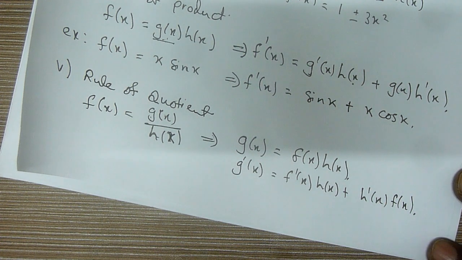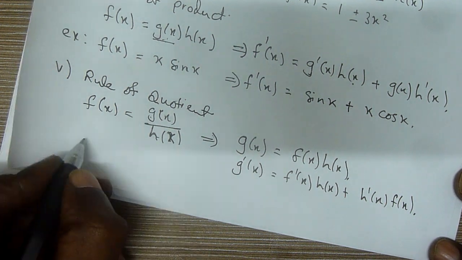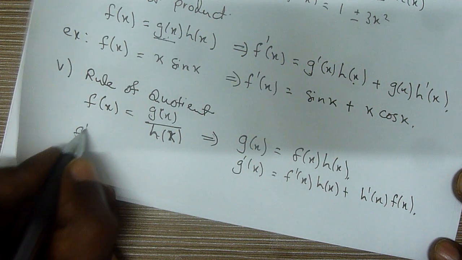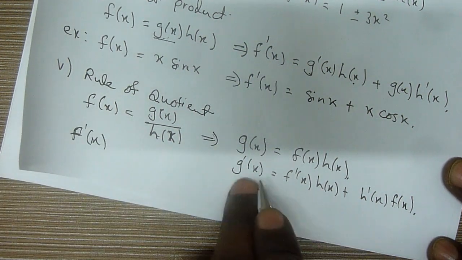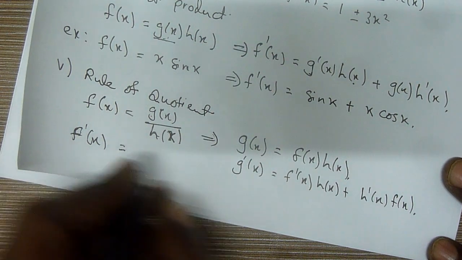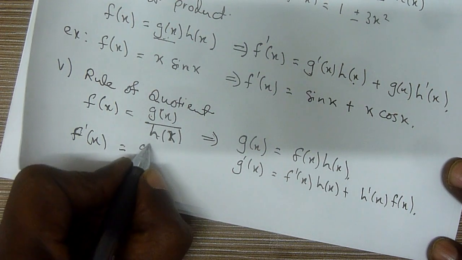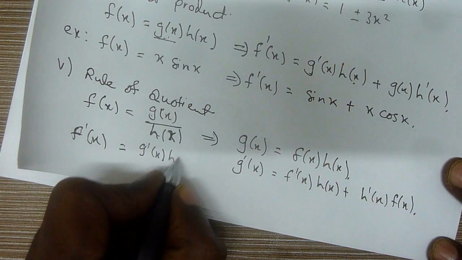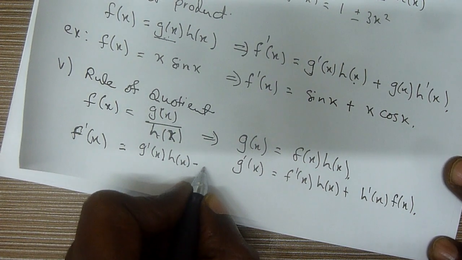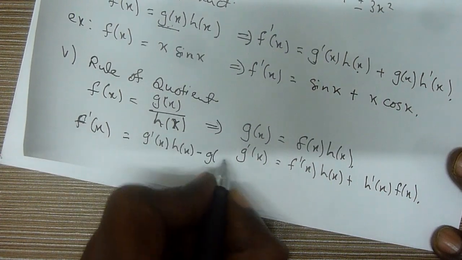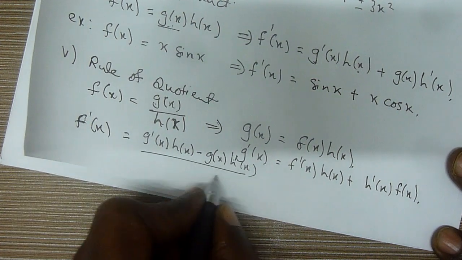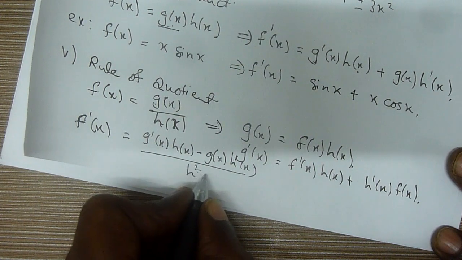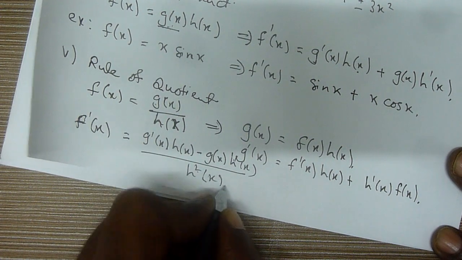Now our intention here is to find what f'(x) is. You just manipulate this, and you will get g'(x) h(x) minus g(x) h'(x), divided by h squared of x.